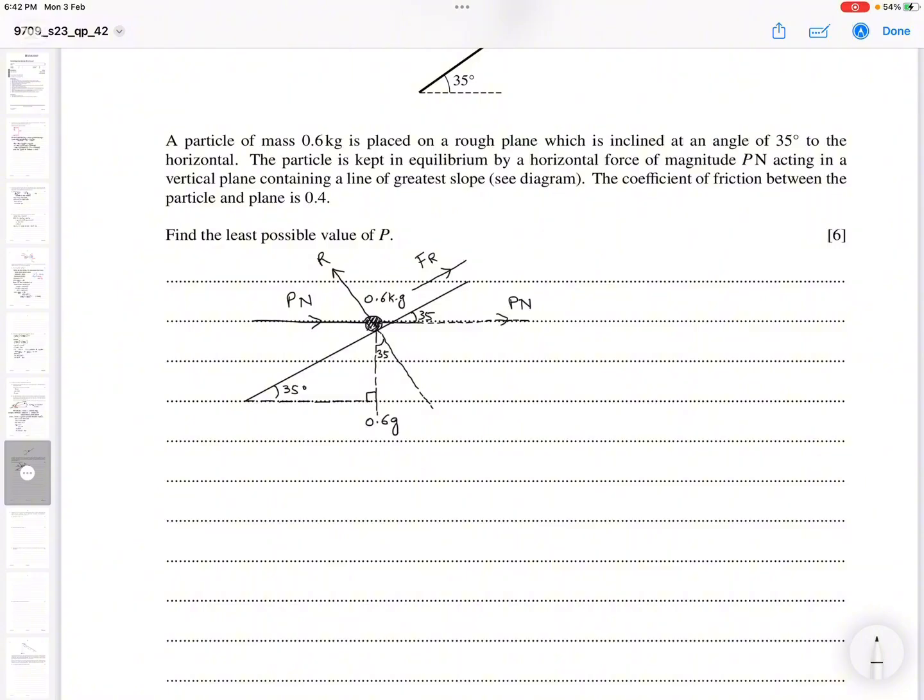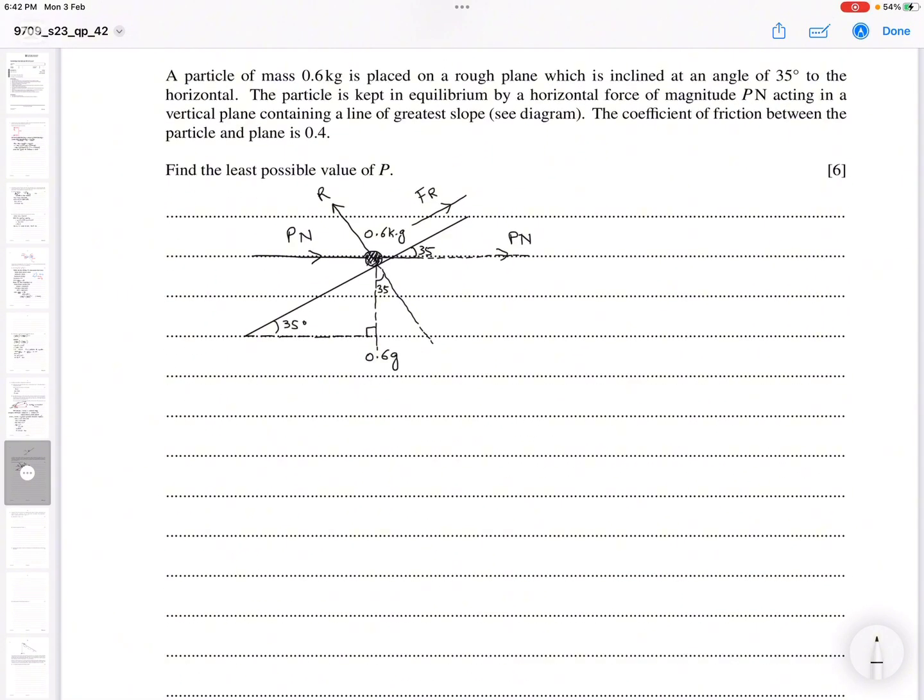So resolve forces perpendicularly to the plane, so for that the arrow marks like this in this way. So my R would be equal to 0.6 g cos of 35 plus P sine of 35.